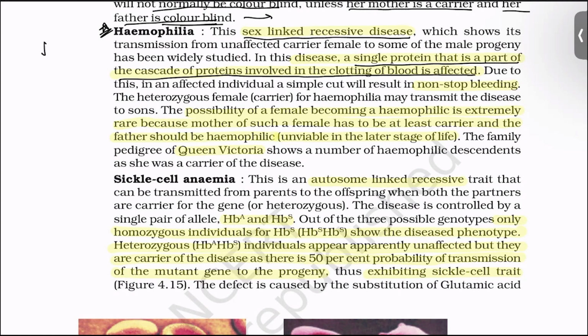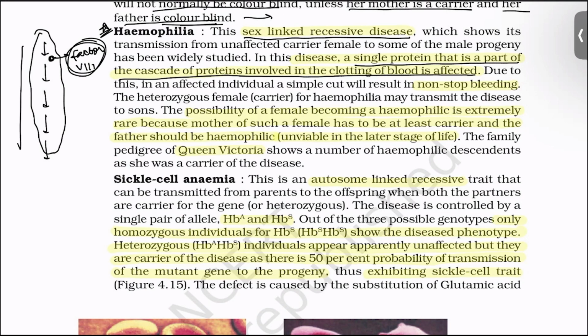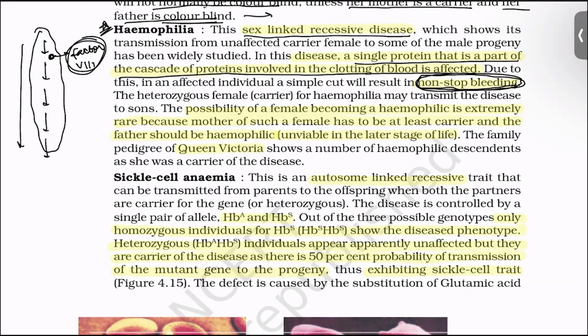Clotting of blood is a cascade process, where several different reactions are linked together. In these reactions, one single protein, factor 8, is mutated and the entire process is disrupted, and there is non-stop bleeding in case of any injury. The clotting does not occur rapidly, and this is what happens in hemophilia.